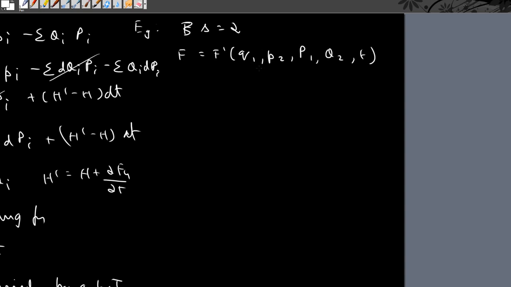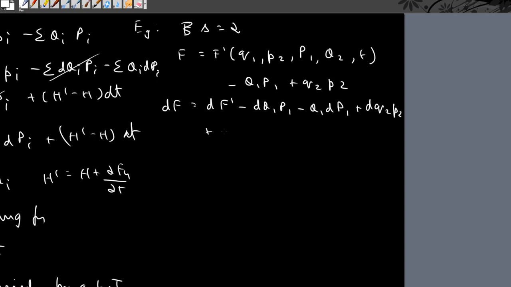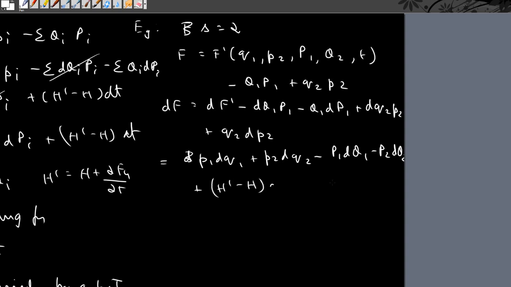If I write f as f dash minus q1 p1 plus q2 p2, then our df will be equal to df dash minus dq1 p1 minus q1 dp1 plus dq2 p2 plus q2 dp2. This should be equal to p1 dq1 plus p2 dq2 minus p1 dq1 minus p2 dq2 plus h dash minus h dt.